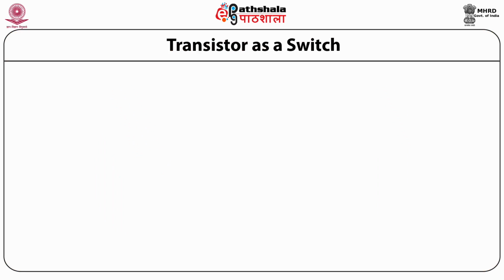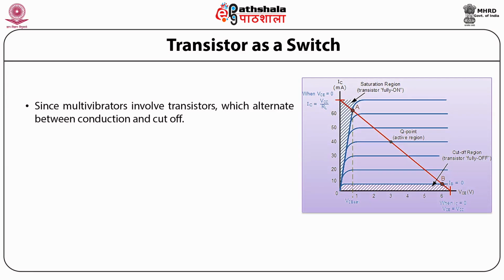So students, there are three types of multivibrator: astable or free running, monostable, and bistable. We will be discussing only two types, that is astable and monostable. Transistor as a switch. Multivibrators involve transistors which alternate between conduction and cutoff.